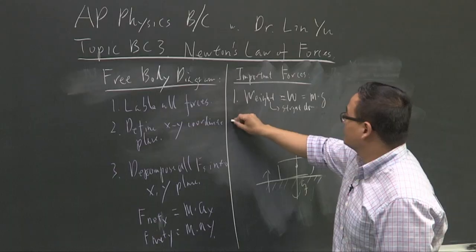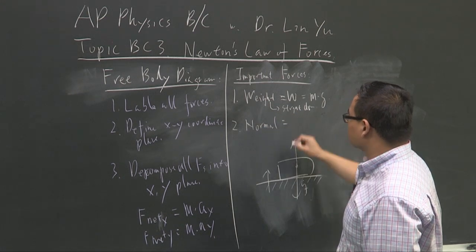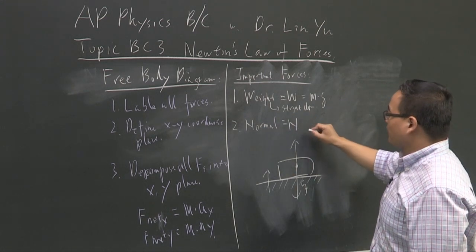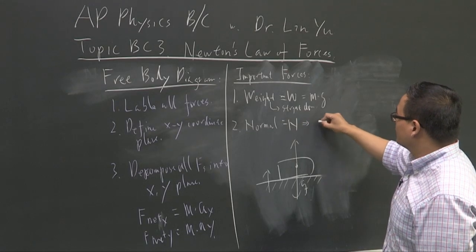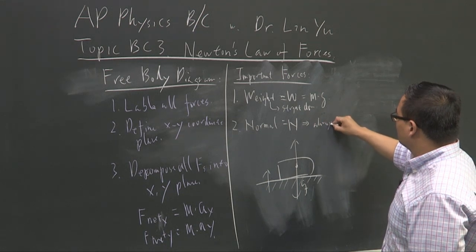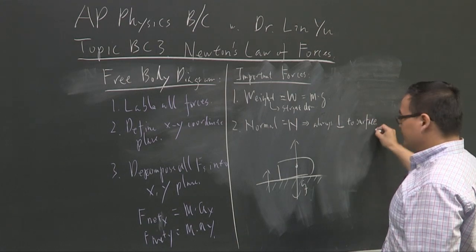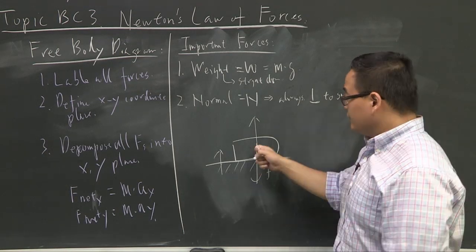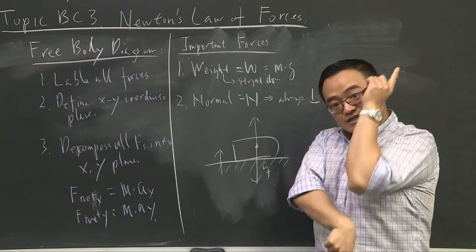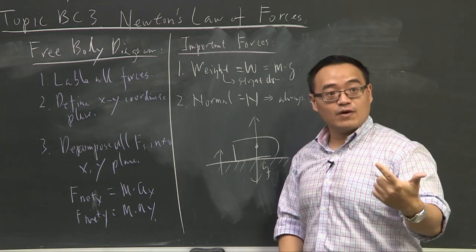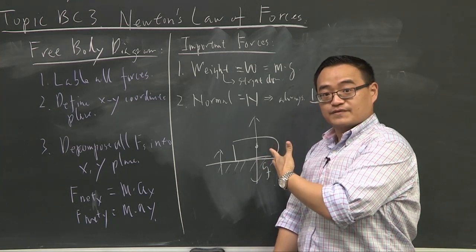In this case, this is what we call the normal force. Normal force is always perpendicular to the surface. Keep that in mind. It's very important. So in this case, your normal force and your weight are in the opposite direction, same magnitude. They cancel each other out. That's why your box doesn't move.